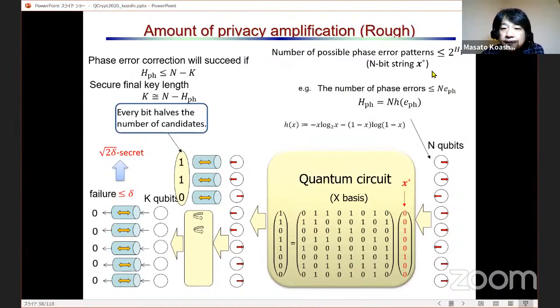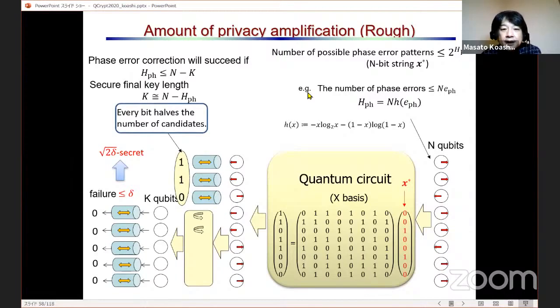Now, we start from this number of possible candidates, but every bit here would reduce the number of candidates. So repeating this measurement n minus k times, if this inequality is satisfied, then all the wrong candidates will be eliminated. So this means that if this inequality is true, then roughly speaking, this failure probability would be small. So the key will be secure. So the final key length here is n minus this quantity here.